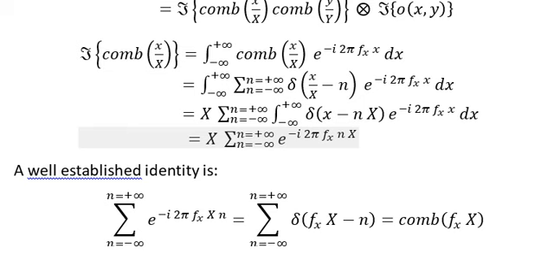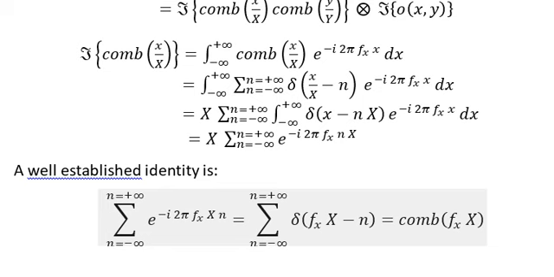Now we want to use a well-established mathematical identity, because we have a single summation and a single exponential factor like this one. If you apply the identity, the left-hand side expression is equal to the right-hand side, the summation over n multiplied by delta of fx into capital X minus n.